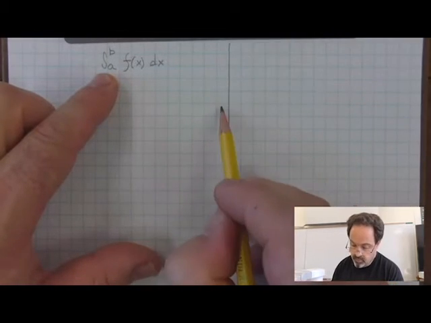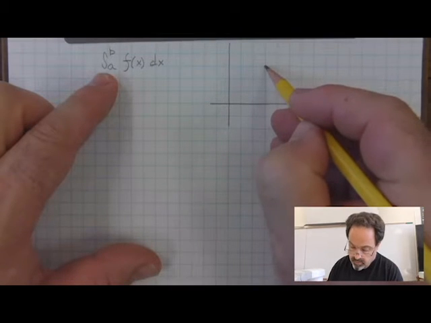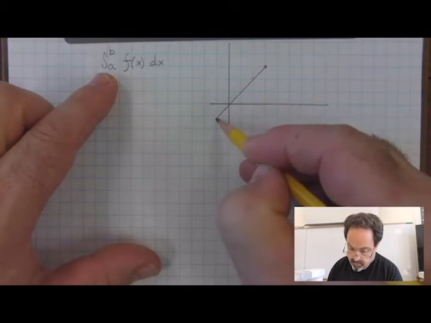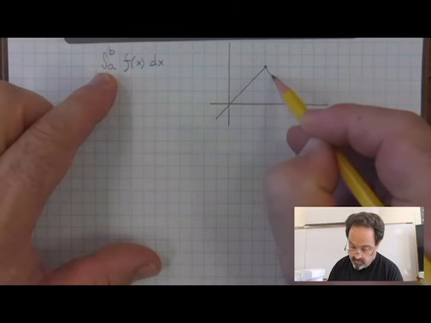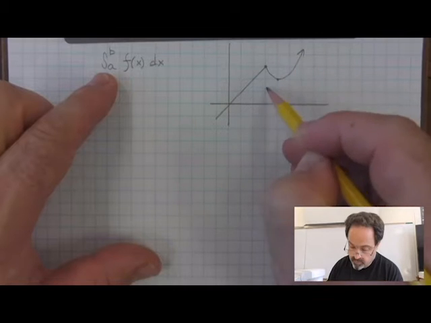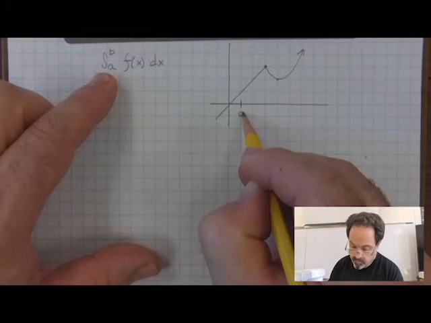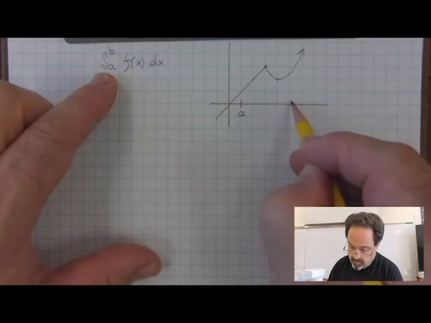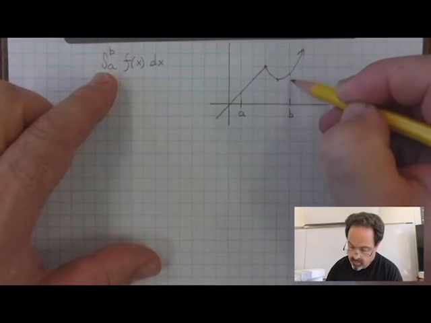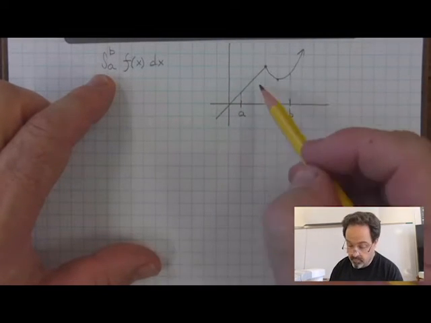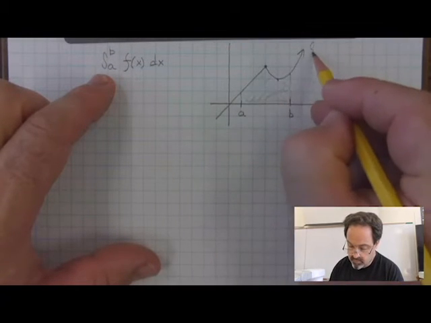I'm going to draw an example. If we have a piecewise function that has a linear piece that transitions to what looks to be a quadratic piece, then the bounds of integration we could represent as a lower bound and an upper bound, and that area that comes from the integral is the area between this f function and the x-axis.